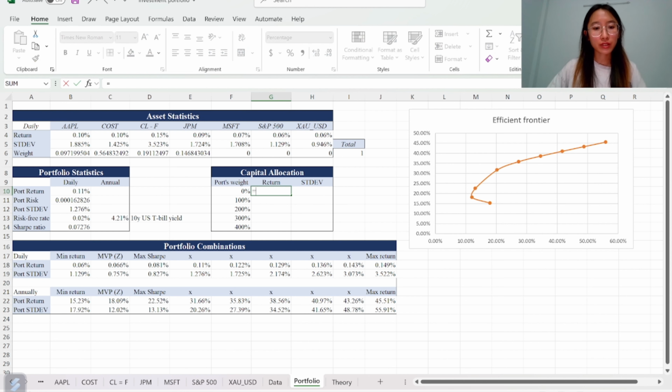So for the returns, we will take the sumproduct, or you can actually do this. Take the returns of max Sharpe ratio because that is the tangent point between the CAL and the efficient frontiers. Lock this up, multiply it to its weight, and do the same to the risk-free rate.